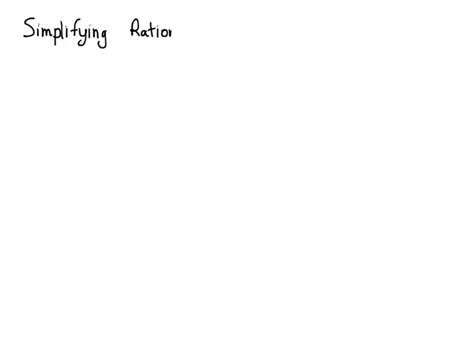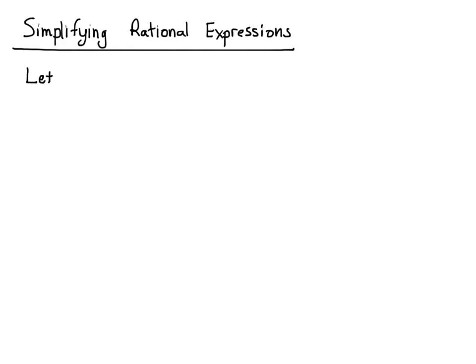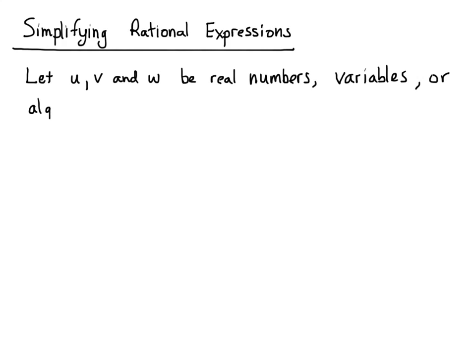Okay, now, simplifying rational expressions. We're going to do this like you reduce fractions. So u, v, and w can be real numbers, variables, or any kind of algebraic expression.